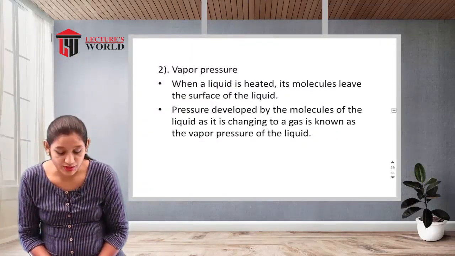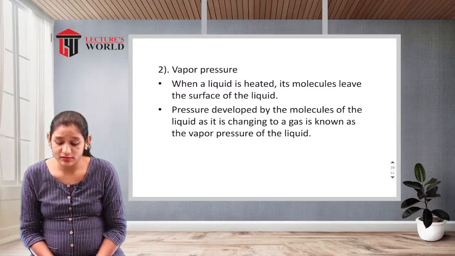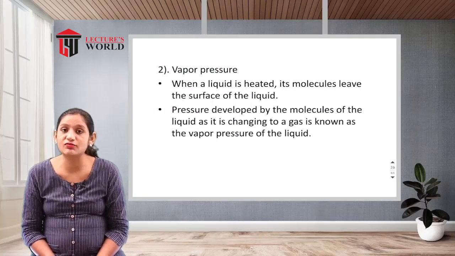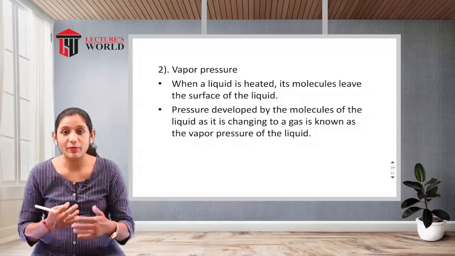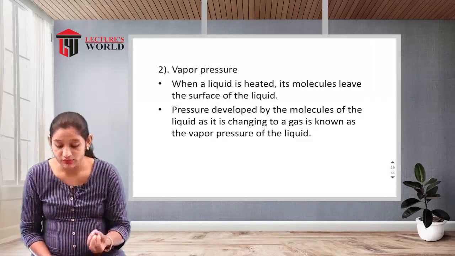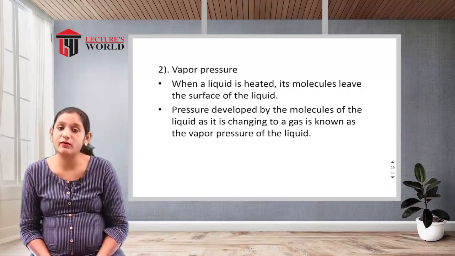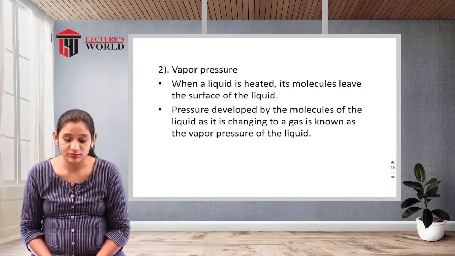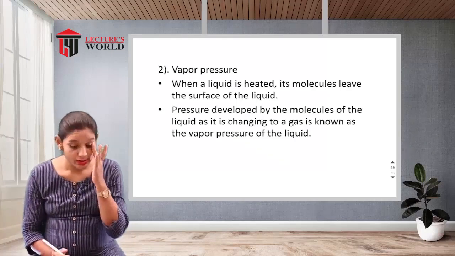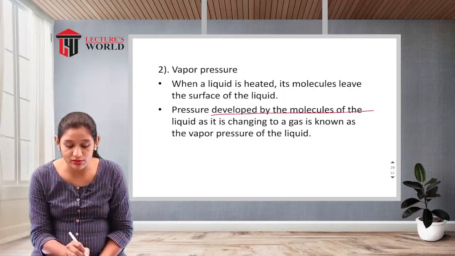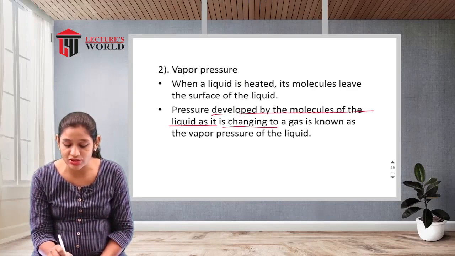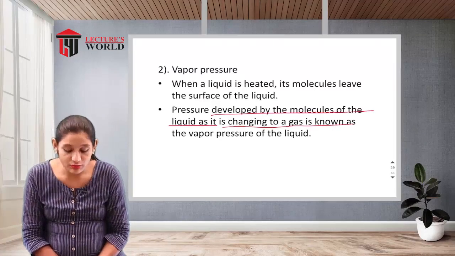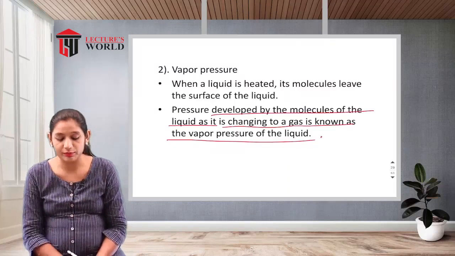Vapor pressure. When a liquid is heated, its molecules leave the surface of the liquid. The pressure developed by the molecules of the liquid as it changes to a gas is known as the vapor pressure of the liquid.